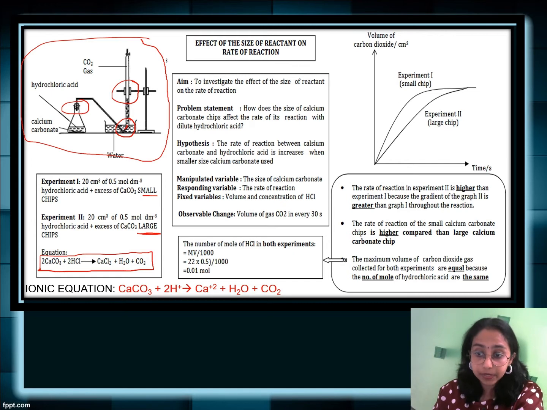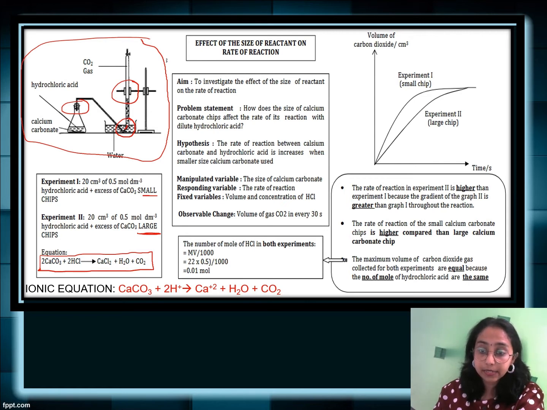Don't do any splitting. And when it comes to acid, it contains free moving ions, and the very important ions involved in the reaction is hydrogen ions. And then put up the arrow. Remember, whatever you have before the arrow has to be stated after the arrow when you are writing your ionic equation. So one of the products formed is calcium chloride. Calcium chloride is a soluble salt, containing free moving ions.